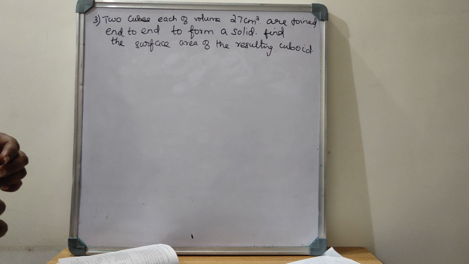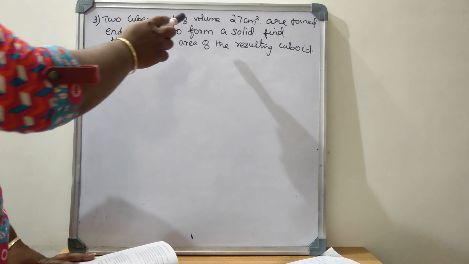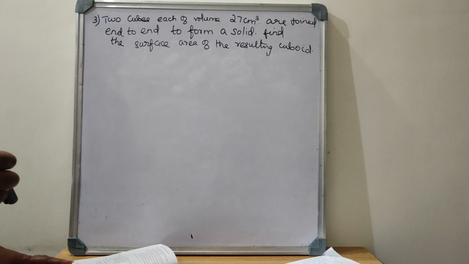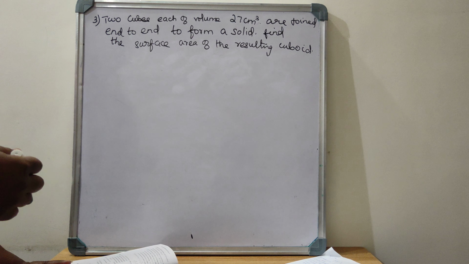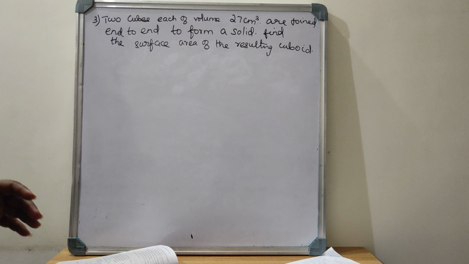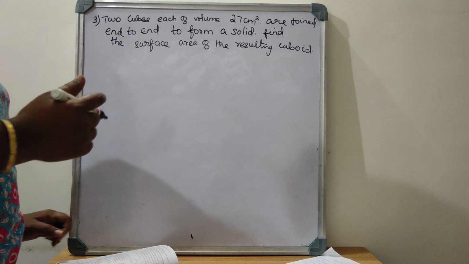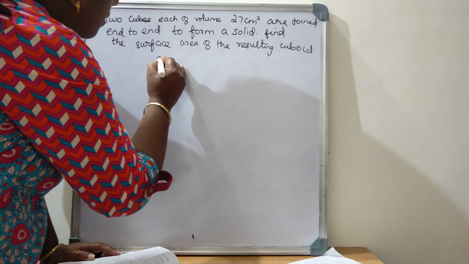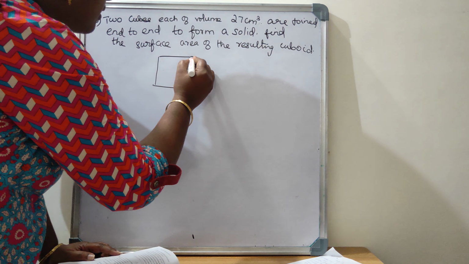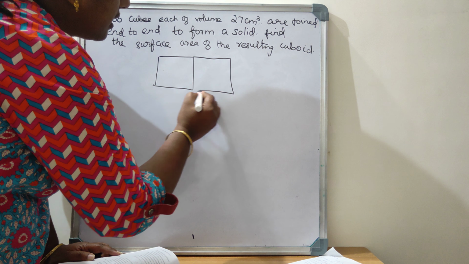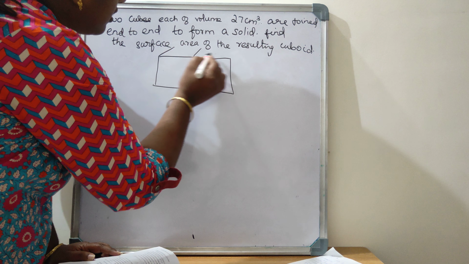So here is the next question. Two cubes each of volume 27 centimeter cube are joined end to end to form a solid. Find the surface area of the resulting cuboid. First we are going to draw the diagram. What they have told is two cubes which are attached together.